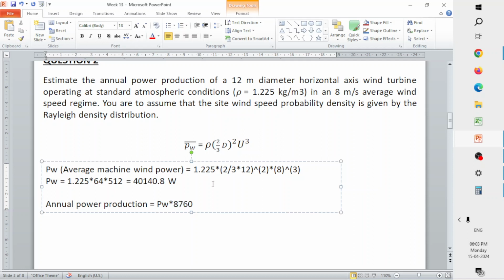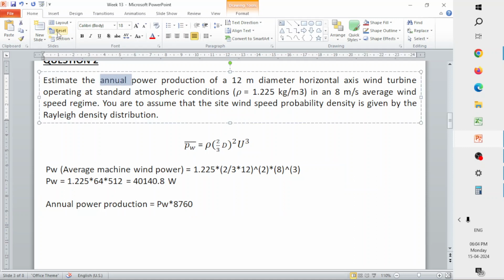This 8760 factor is for 1 year. This is the amount of power that is usually generated for 1 hour. Like that, we need to calculate it for 1 year, because we are given the word annual here. So annual means per year.